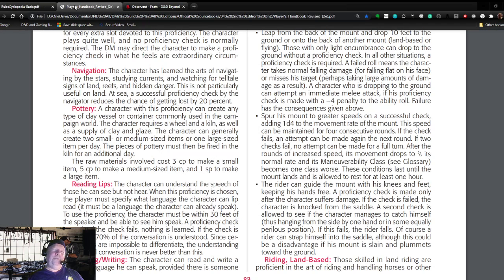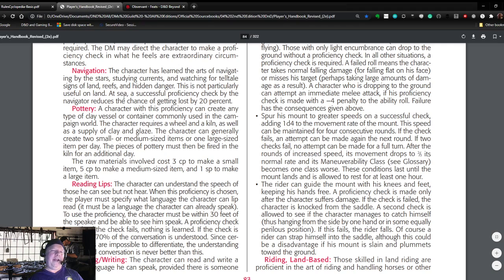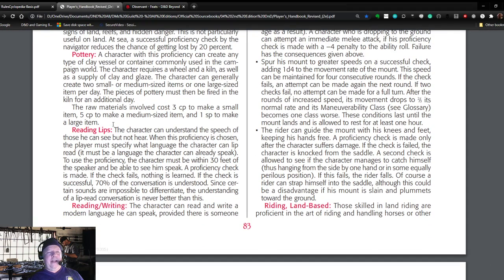Then there were no skills, no feats in first edition. Second edition, you had proficiencies, and now reading lips was a proficiency. So a character can understand the speech of those who can see but not hear. When this proficiency is chosen, the player must specify what language the character can lip read, which must be one of the languages the character can already speak.